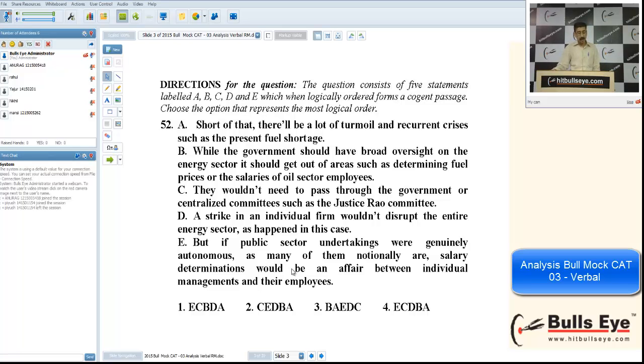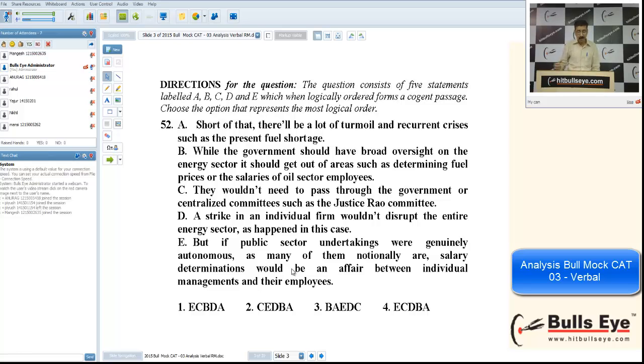So "while" is in continuation with this D sentence. So ECD, after C, D will come, because we are explaining this point of view of autonomy or this interference with the help of this example in D. After D, B and A will finally wrap that up, and this is how we can conclude the story. So the best answer option is the fourth out of 1 and 4.